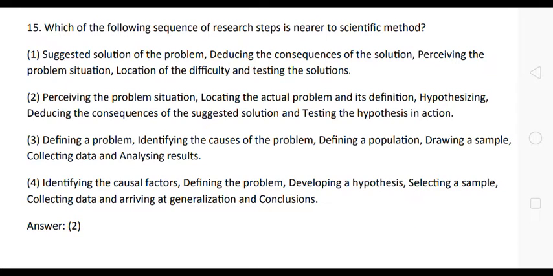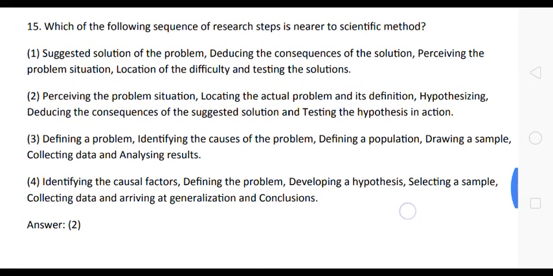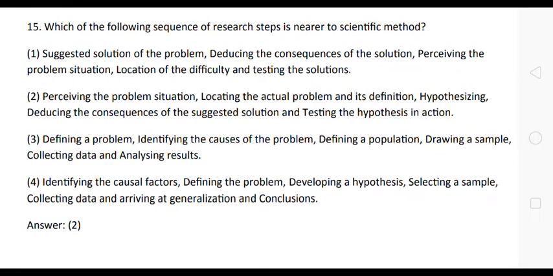Secondly, locating the actual problem and its definition. Thirdly, hypothesizing. After that, reducing the consequence of the suggested solution, and testing the hypothesis in action. So, option 2 is the correct answer.